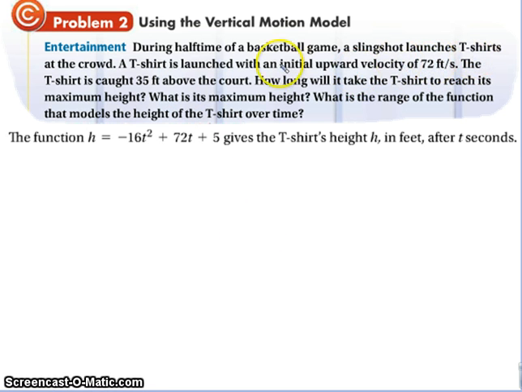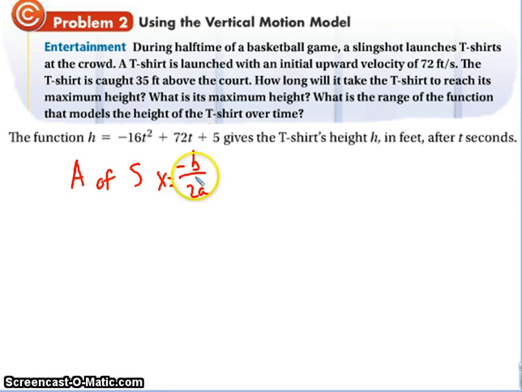A slingshot launches a t-shirt with an initial upward velocity of 72 feet per second, and it is caught 35 feet above. How long will it take the t-shirt to reach its maximum height? So the first thing we're going to do is find the axis of symmetry by taking negative b over 2a.